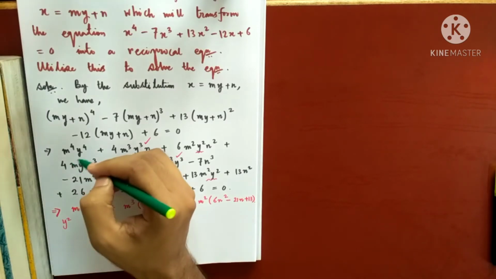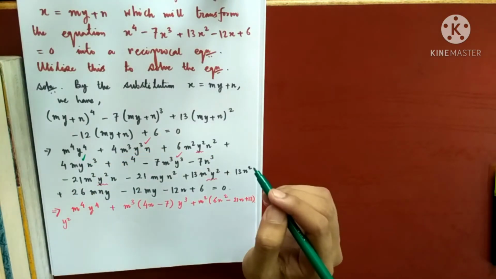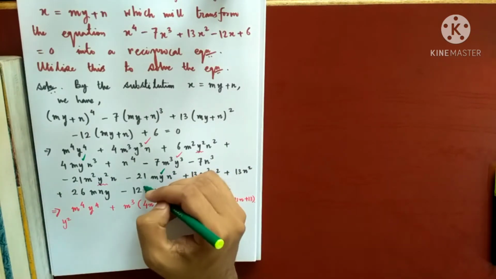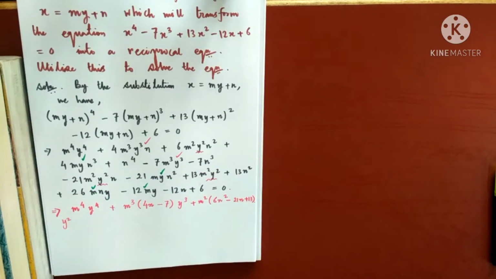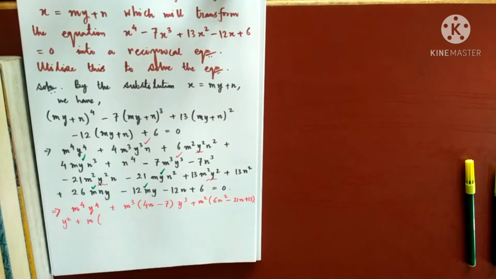So this term has y, this term has y, this term has y, and moreover they all have this one. What do I say? My common. So plus m and y also is common. So what am I remaining with?